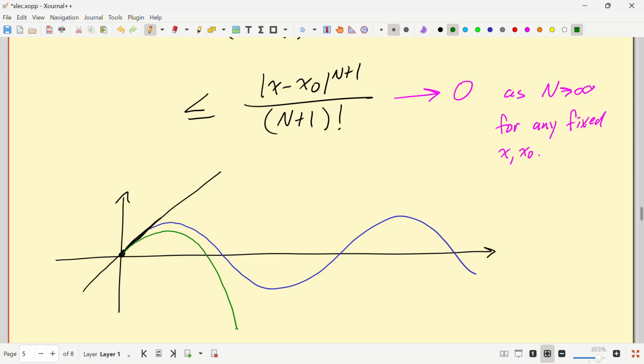Then the next one, the third order one, let's see, I think it goes underneath. It hangs on longer. Where does it go? I should have graphed this using Maple. It hangs on, but then it goes up.